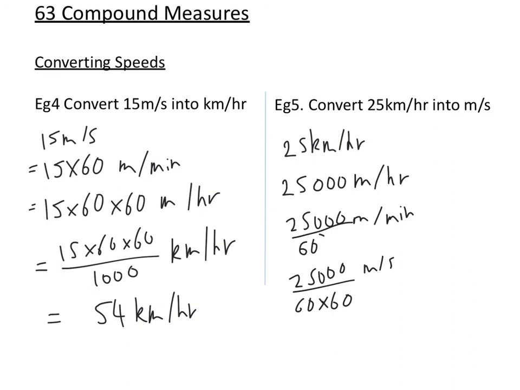So you've got 25,000 and you're dividing that by 60, which would get you 416.6 recurring, and then divide it by 60 again, and that gets you 6.94 meters per second, and that's to 2 decimal places.